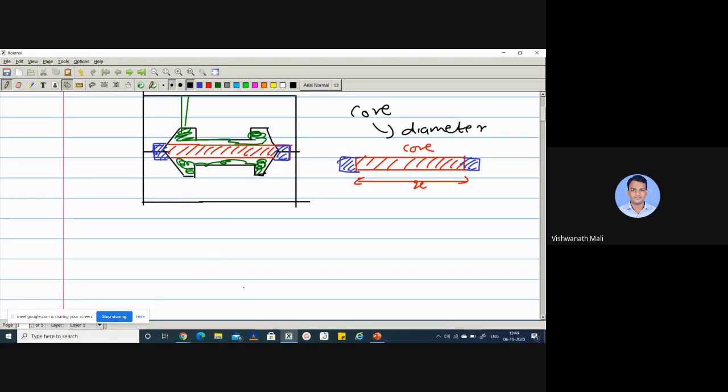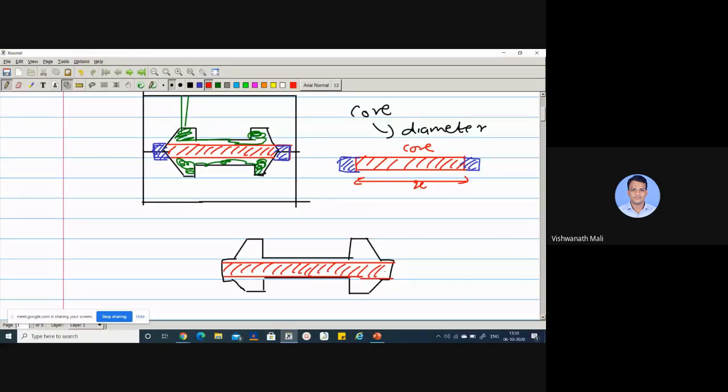And once we remove the part from the casting, how will we get the casting? This black part is our casting, and this red part is the core.